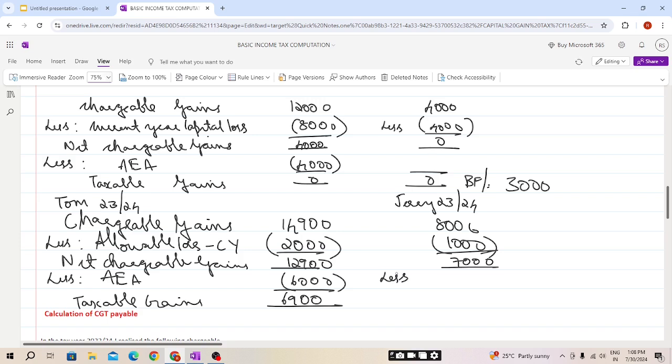Now, but we have a brought forward loss of 3,000, students. The brought forward loss will be set off after the AEA. So we'll claim the AEA full. In the brought forward year, students, the partial claim is allowed. If we deduct 3,000, then we can only claim 4,000 of annual allowance, the AEA, the annual exempt amount.